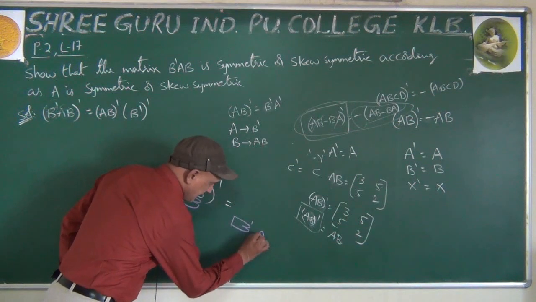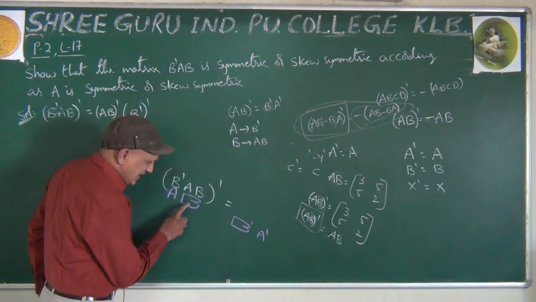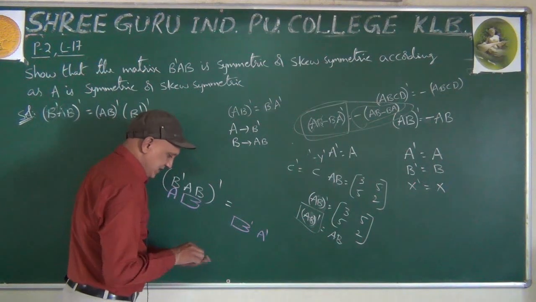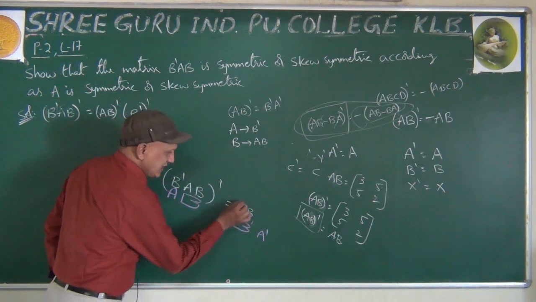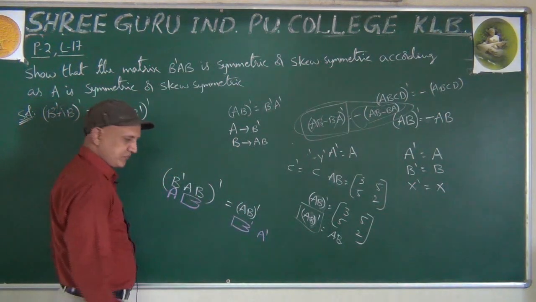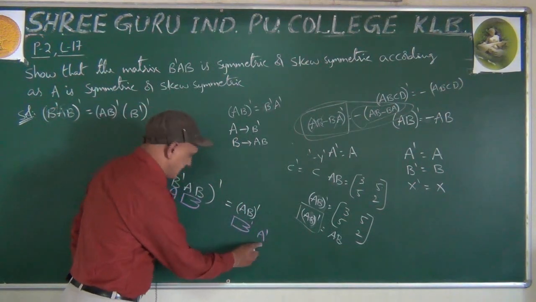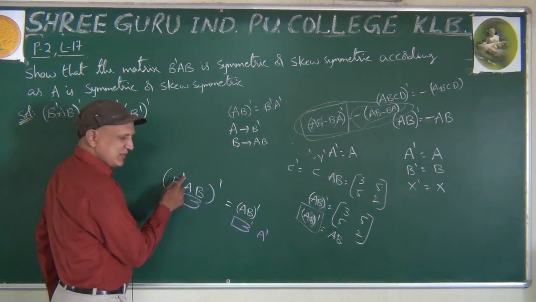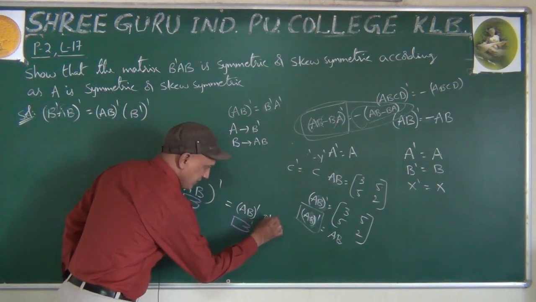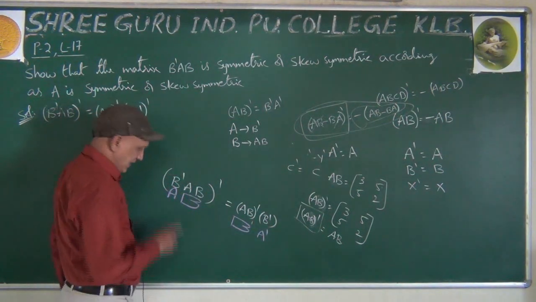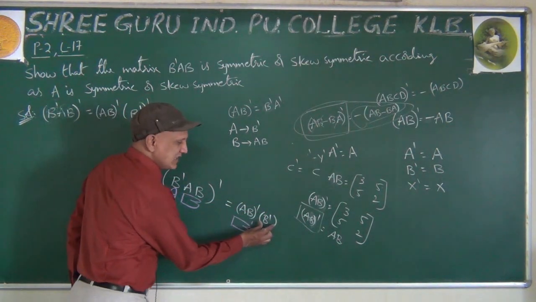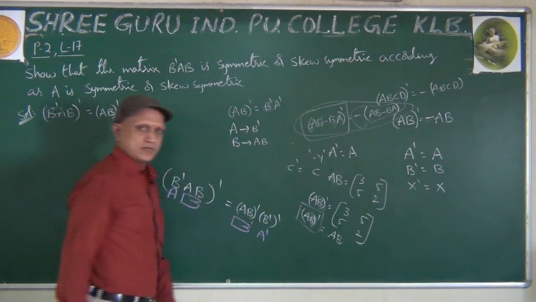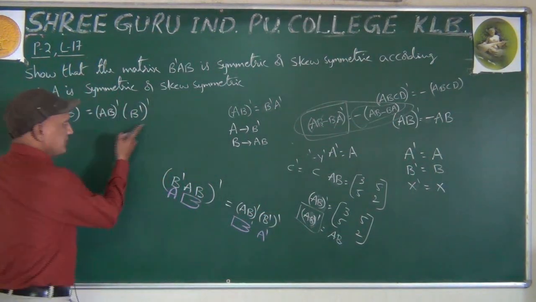What is B? AB. So B dash AB whole dash, A dash. What is A? A means B dash. We want A dash, which means this again dash. Okay, that's what we have written.